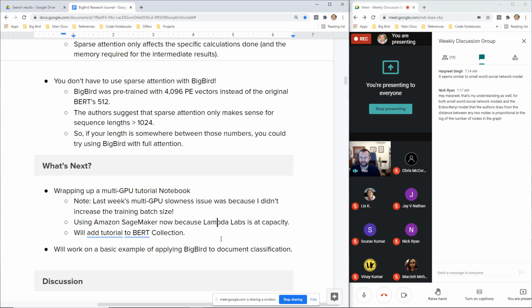Yesterday I was working on that notebook, and Lambda Labs was completely at capacity. They didn't have any GPU instances available. So I used Amazon SageMaker, which is another option. It's part of AWS, so I really liked the simplicity of Lambda Labs; SageMaker feels more like an AWS product with tons of configurability and a rich ecosystem with lots of options.